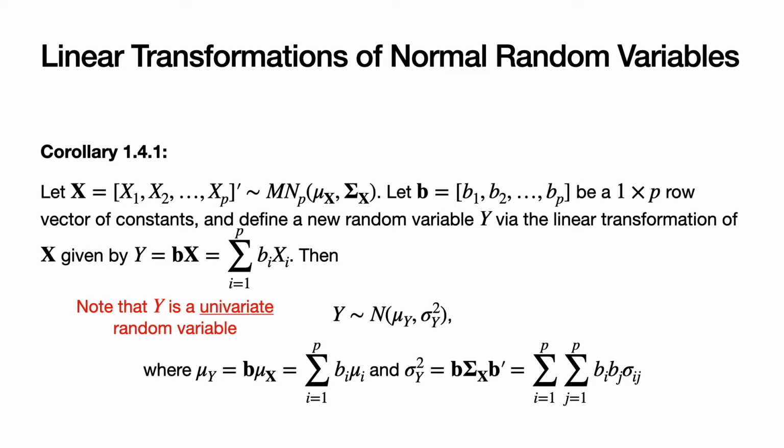Now again note that in this context, y is a univariate random variable. It's not a random vector.